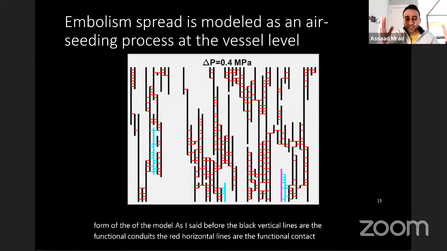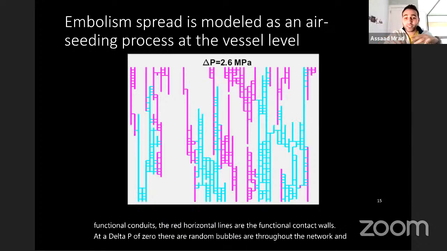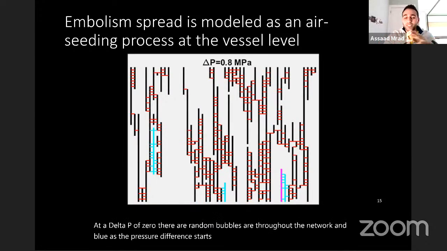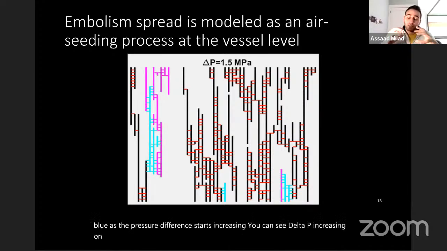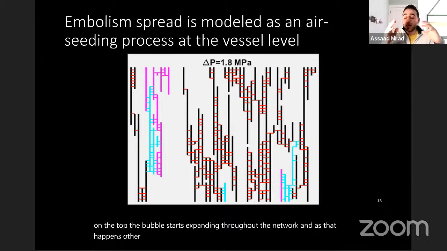At a delta P of 0, there are random bubbles throughout the network in blue. As the pressure difference starts increasing, you can see delta P increasing on the top, the bubbles start expanding throughout the network. And as that happens, other vessels become isolated. And they're here drawn in magenta.